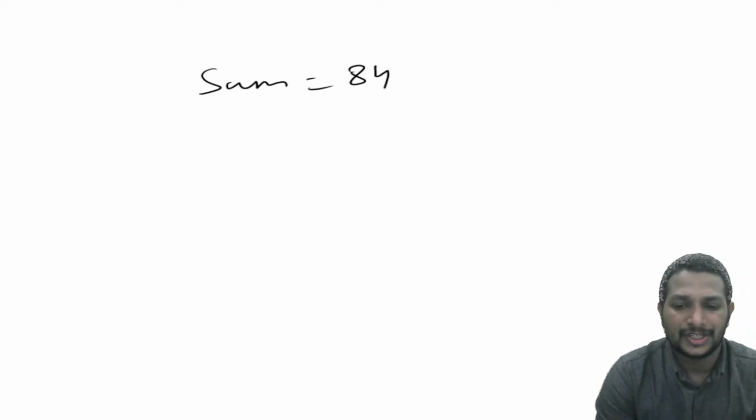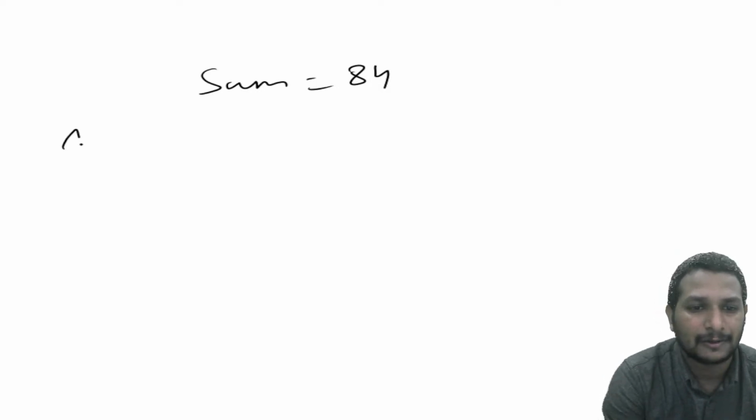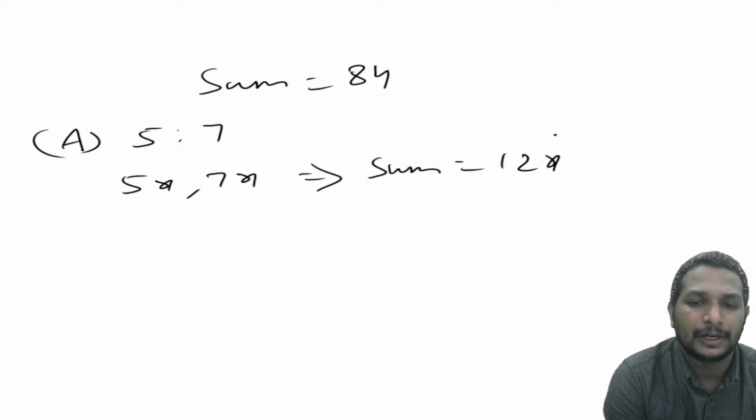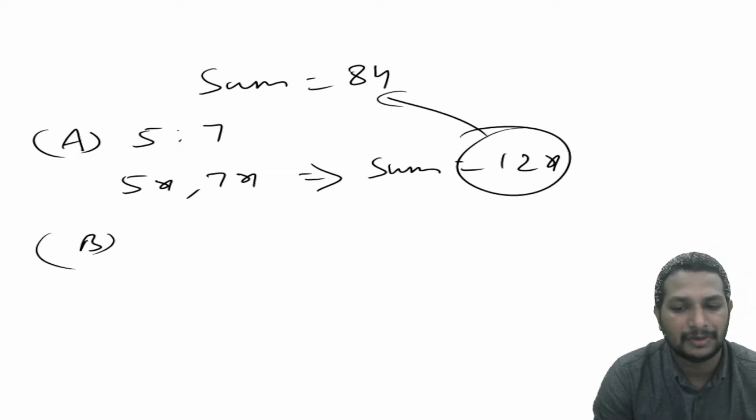Here the sum is 84, right? Look at the first option, 5:7. If I consider 5x and 7x, the sum is 12x, and 12 divides 84.